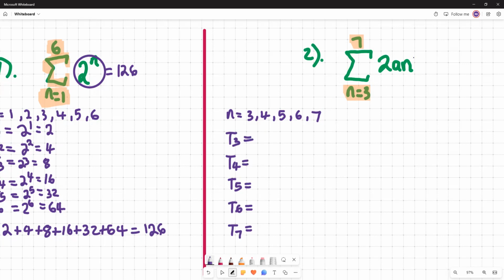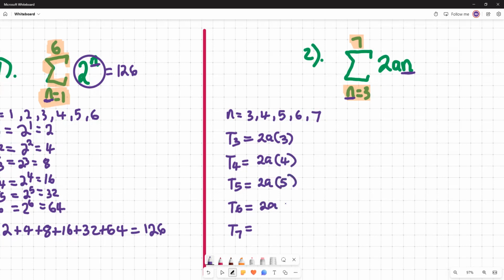So for T at 3, I'm going to substitute 3. So I have 2a. You remember you substitute on n because they put n there. If this was a, you'd substitute on a. Here they put n, so I substituted on n. So I substitute 3. Then I have 2a, I substitute 4. I have 2a, I substitute 5.